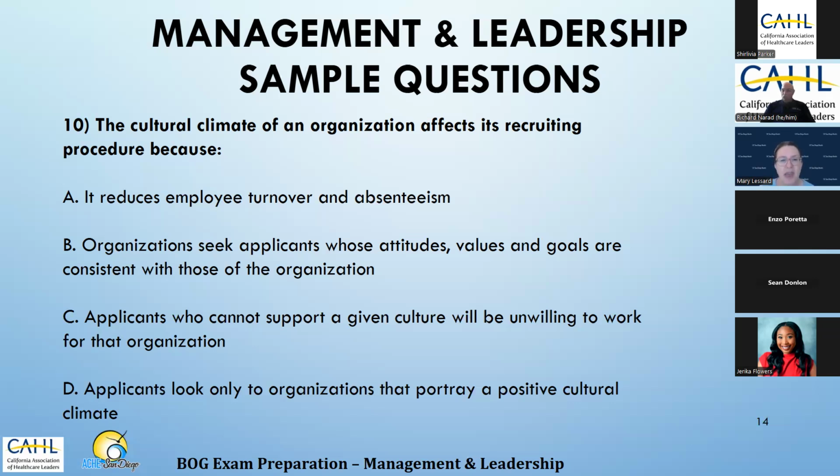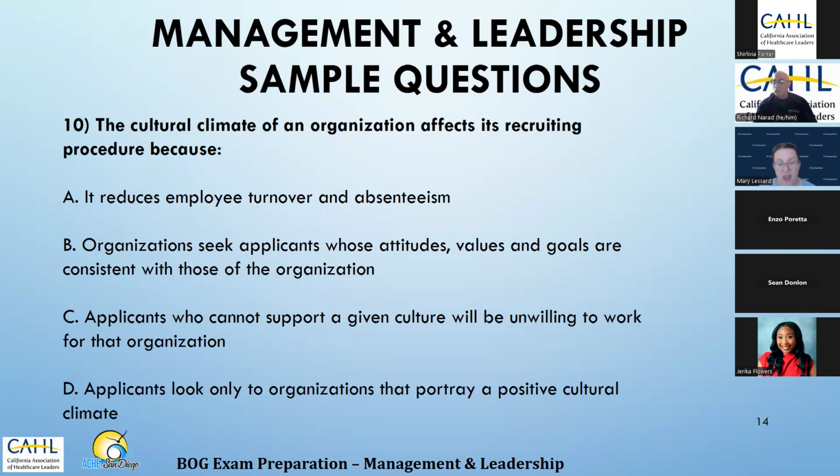C, applicants who cannot support a given culture will be unwilling to work for that organization. And D, applicants look only to organizations that portray a positive cultural climate.